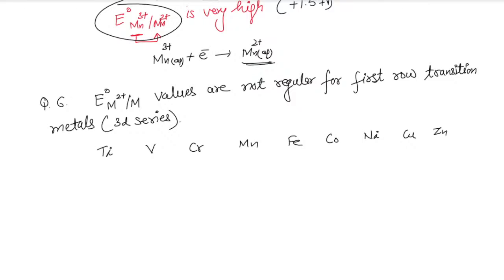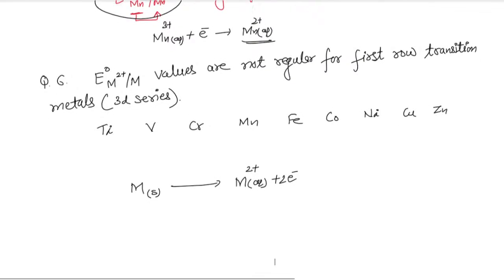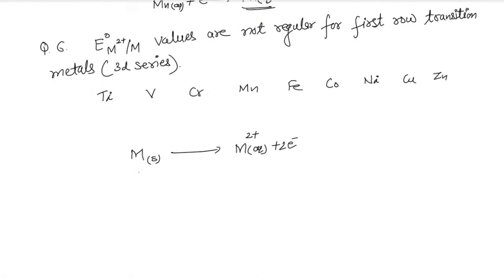See, when you have that value, M solid is turned into M2+ aqueous plus 2 electrons, right? So first of all, M solid is converted into M gas, then M gas into M2+ gas, then M2+ gas to M2+ aqueous. This is the proper way to represent the EMF.